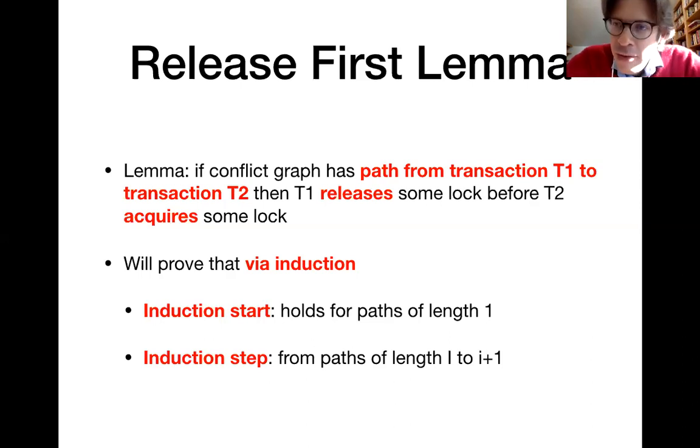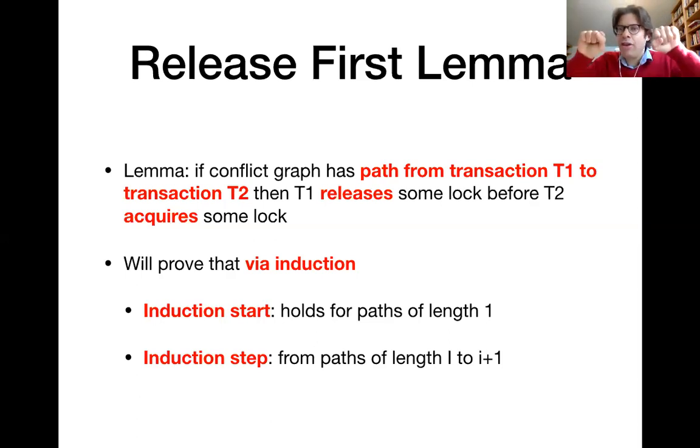This lemma will be proven via induction. And induction generally means that you first prove something about a trivial case, and then you make the induction step, where you essentially reduce larger instances to smaller instances. Now, in this specific case, we will first of all prove that this lemma holds for paths of length 1.